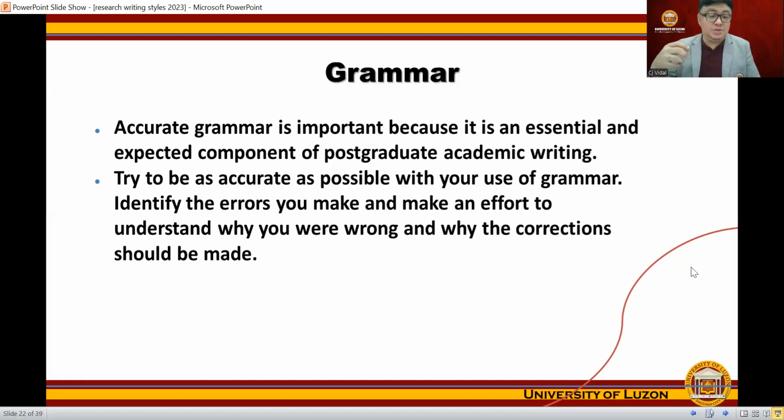You should identify the errors you make and make an effort to understand what mistake you have committed and why the correction should be made. It is suggested also that you keep a checklist of mistakes in order for you to develop a habit of consulting reference works as well as using electronic grammar checkers, like, for example, in MS Word, in order to maintain a consistently accurate approach to academic writing.